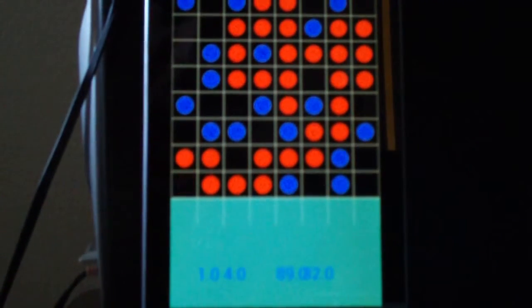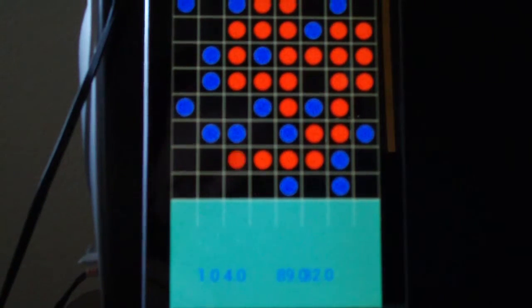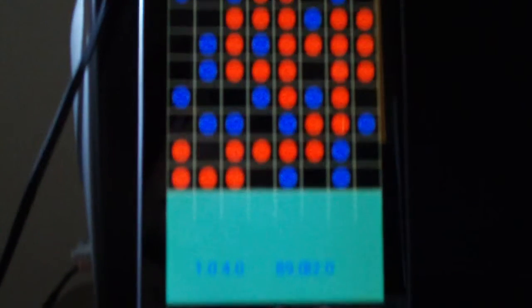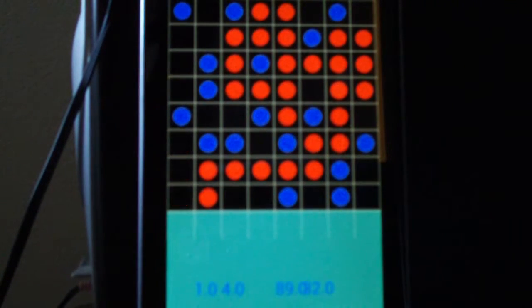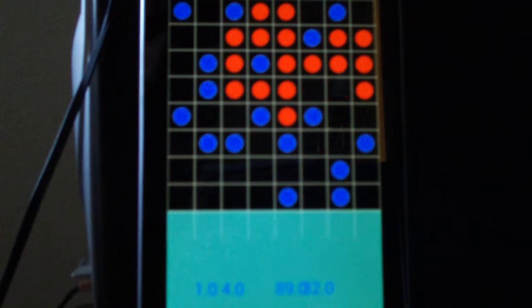Take another break. Well, I think it's found 32 right now. And that's what it's going to kind of look like. It's still got a long way to go.